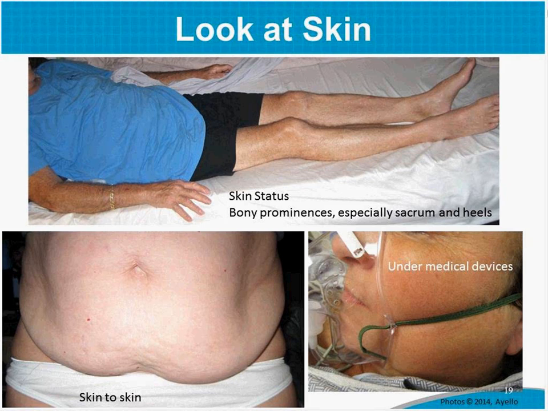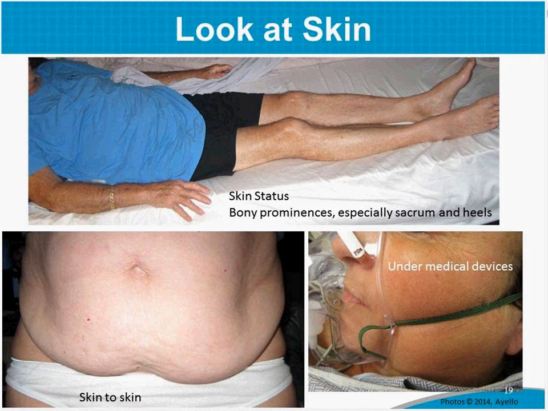Certainly, there has been a wide body of literature looking at prophylactic dressings on the sacrum and other body areas. And one study, for example, out of Australia, actually found patients that did not have prophylactic dressings were 5.4 times more likely to develop a pressure ulcer than those who did.